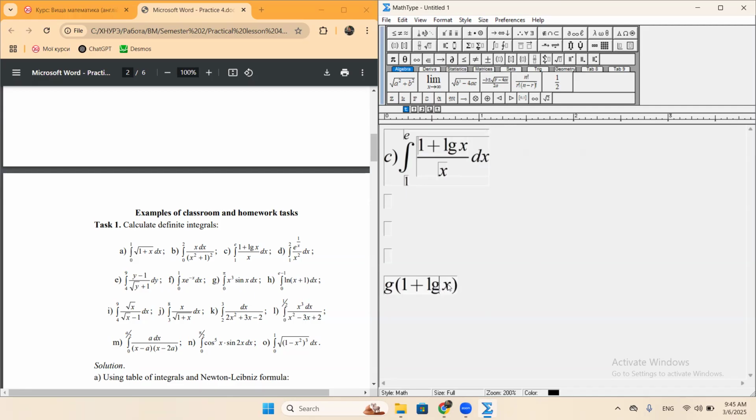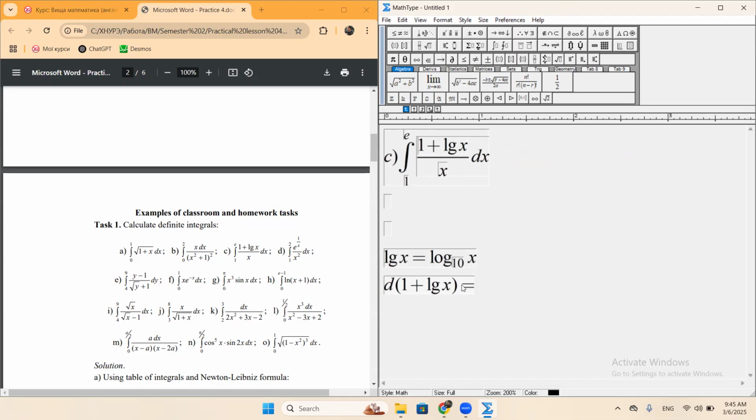By the way, this is the decimal logarithm, a logarithm with base 10. You remember, such a logarithm means the same as this. Let me remember.